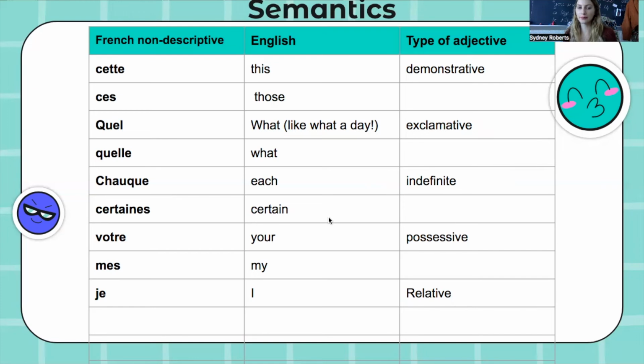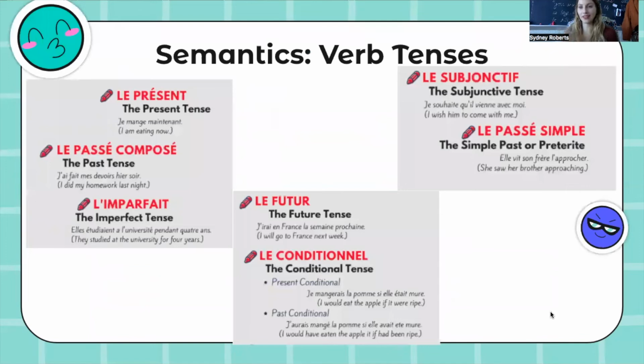Certain, certain. And then we have some possessives. Votre, which is yours. Mes, my. And then relative, je would be I. And again, these are just a few examples. Of course, there are lots of other words in the language and lots of other morphemes. So verb tenses are also a big aspect, of course, of any language. In French, we have the present tense.